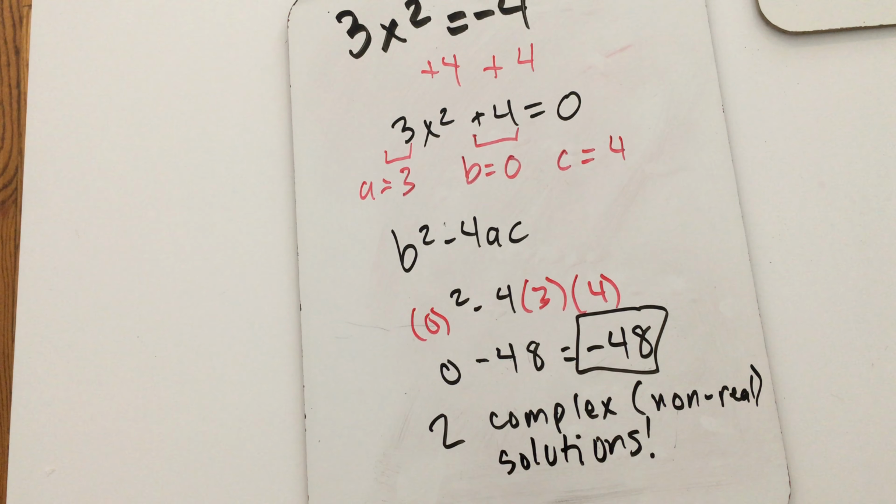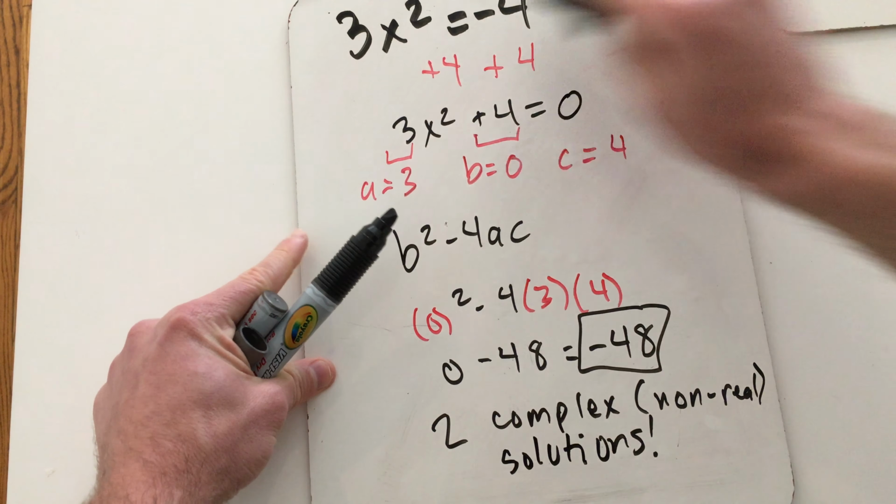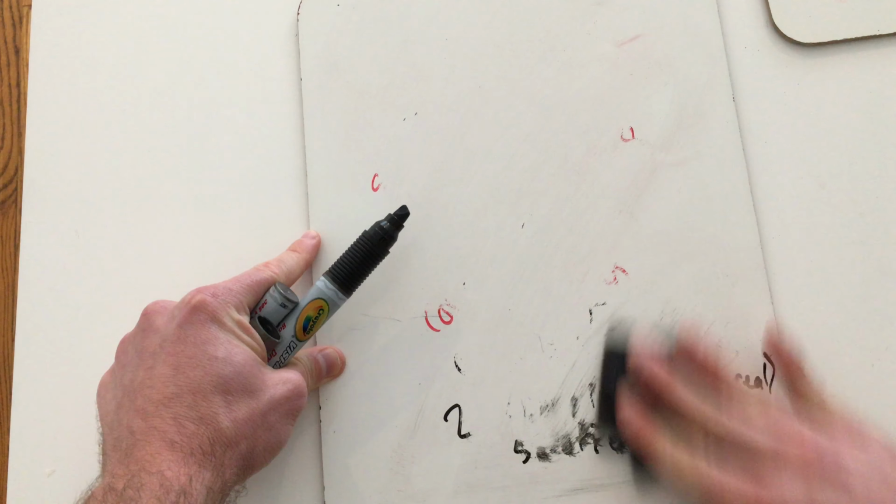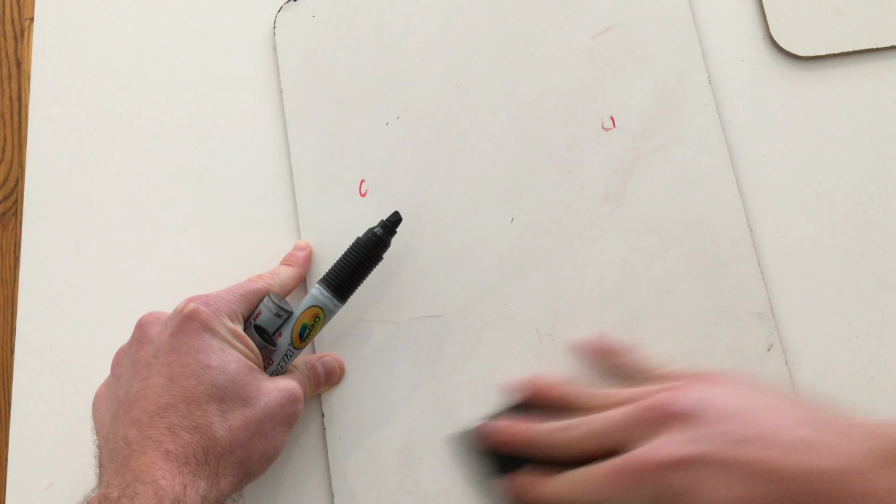Now there's one example that we didn't get. And that example is what would happen if you got a 0 for the discriminant. So let's come up with an example where 0 would be the answer.